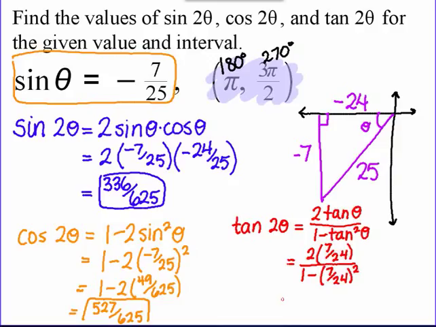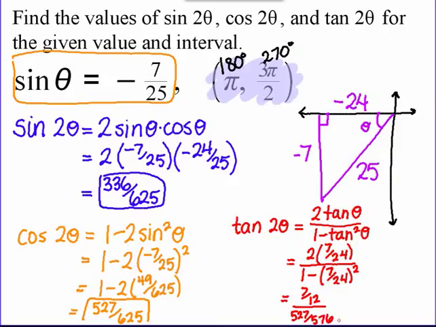So really what ends up happening is on the top, I get 7/12. On the bottom, I'm going to get 1 minus 49 over 576. So what does that come out to be? 527 over 576.